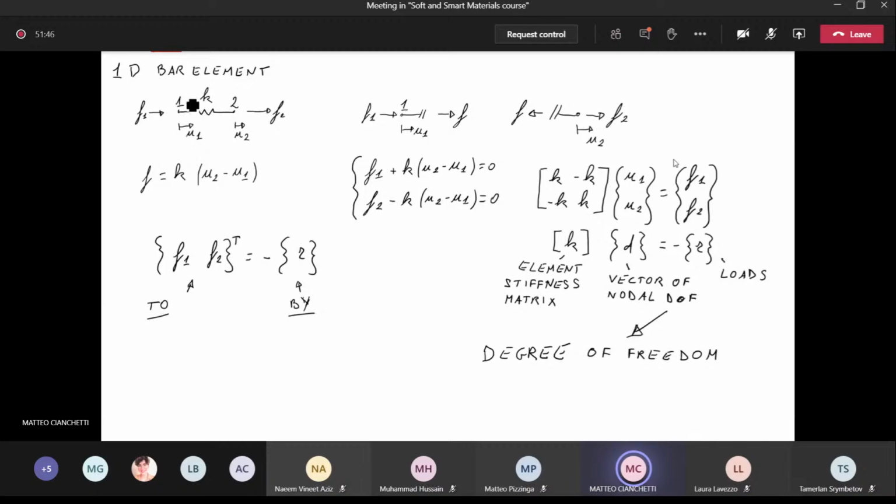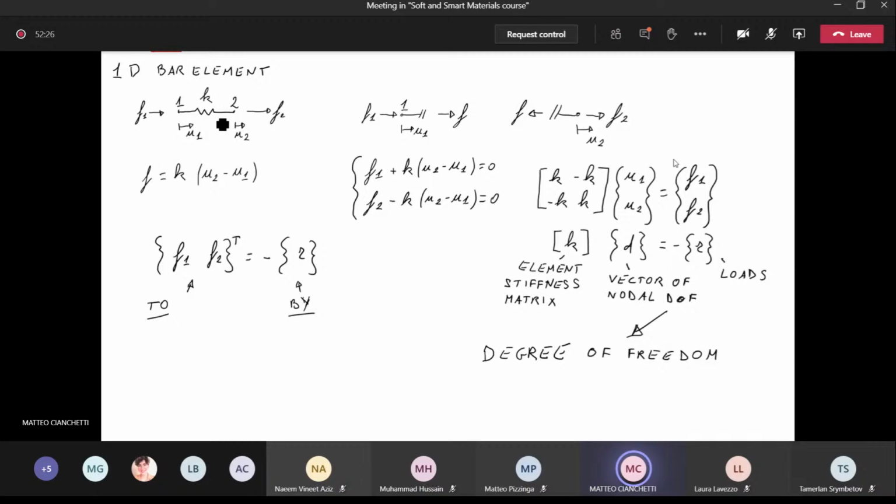Node 1 can have several degrees of freedom. For example, the displacement in the y direction, the displacement in the x direction, or the z direction, but also rotations. Node 1 could also rotate, so that the rest of the system should be rearranged accordingly, along the z-axis, the x-axis, and the y-axis.